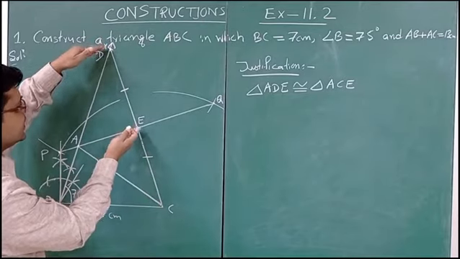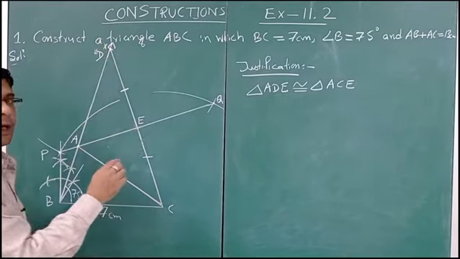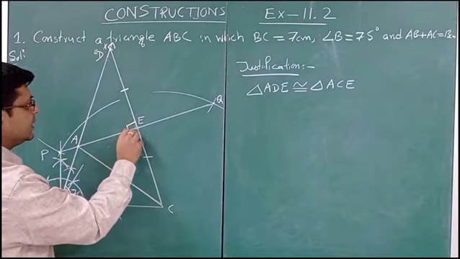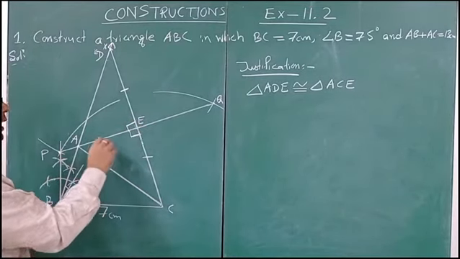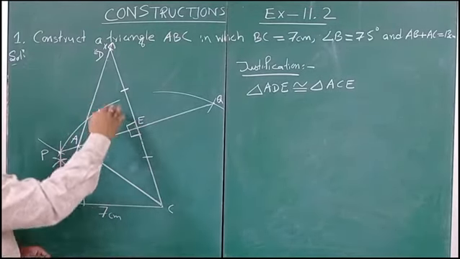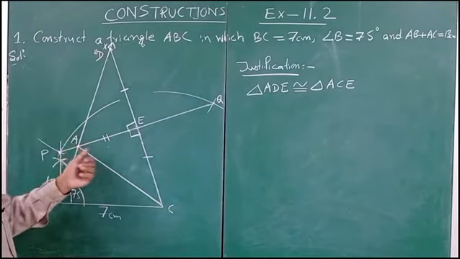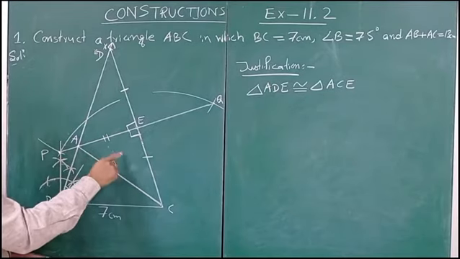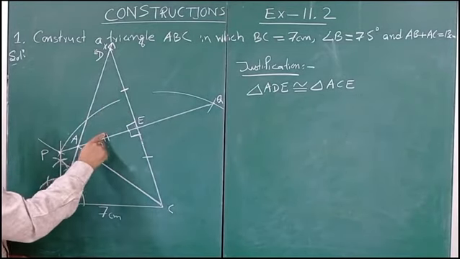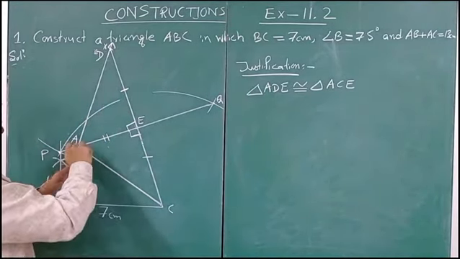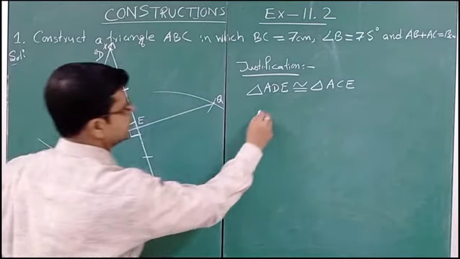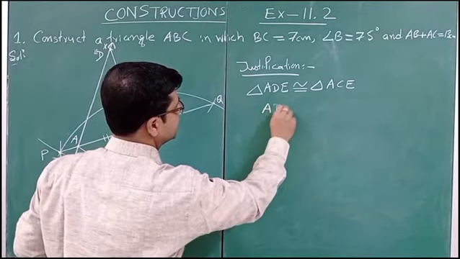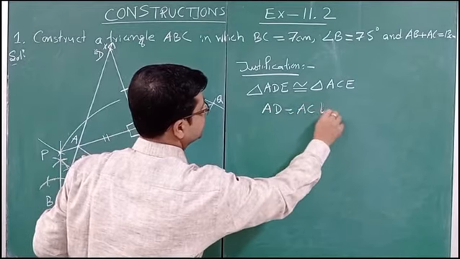That means DE equal to EC, as well as this angle is 90 degrees because we have drawn a perpendicular bisector, and this side is common to both the triangles ADE and ACE. So these two triangles are congruent by the side angle side criterion. Hence, by CPCT, AD equal to AC.